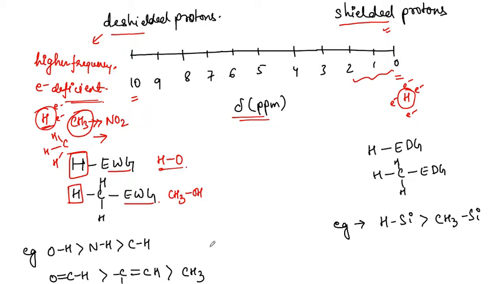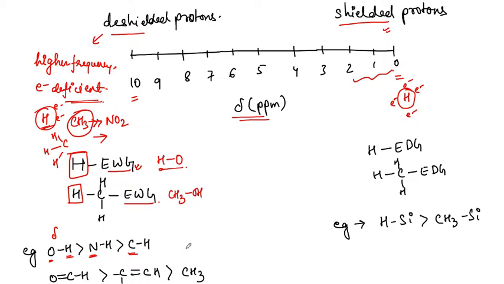One more thing to compare: as the electronegativity of the electron withdrawing group increases, the delta value also increases. If the H is connected to oxygen, it is going to have a higher delta value as compared to if the H is connected to nitrogen, or if the proton is connected to a carbon. This follows from the electron withdrawing character.